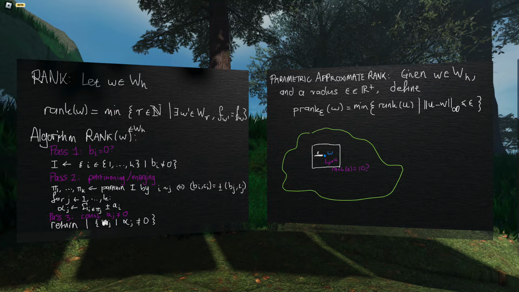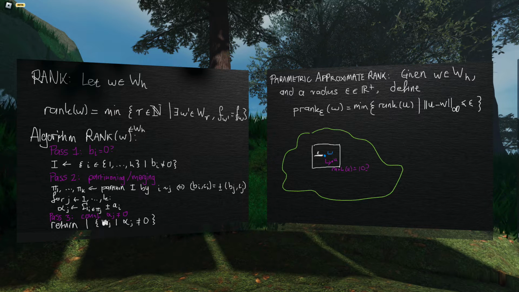Then there's a sense in which w is almost a rank 10 parameter. That's what it means to say it has a parametric approximate rank of 10. If you perturbed it a little bit, it would have a rank of 10.